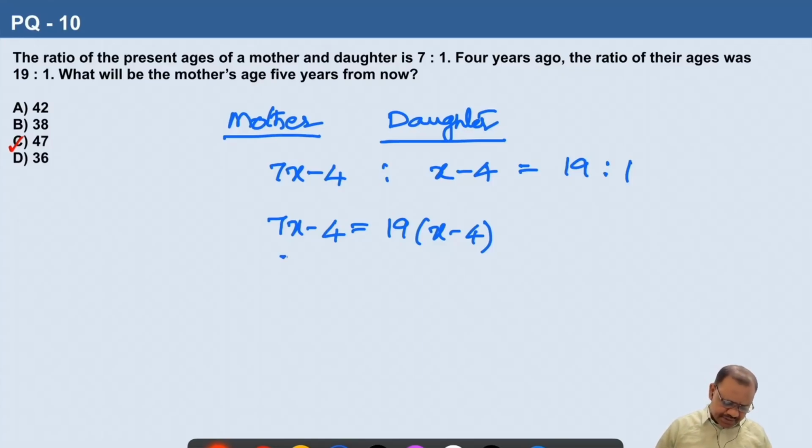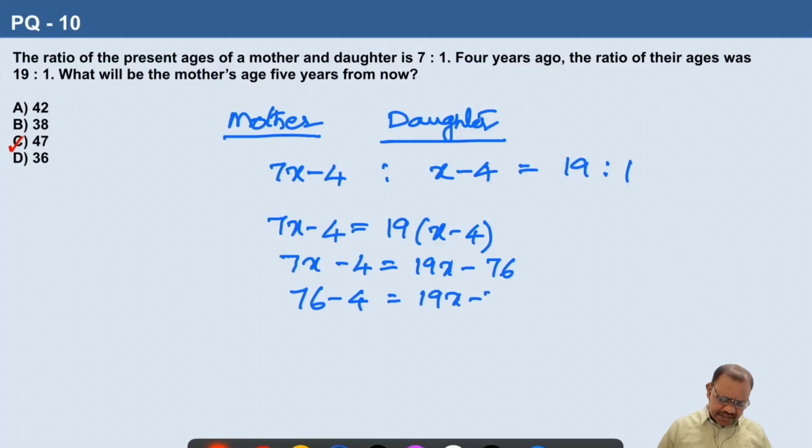Now simplify this. 7x minus 4 is equal to 19x minus 19 fours, 76. Variables on one side, constants to the other side. 76 minus 4, 19x minus 7x. That is 12x is equal to 72, x is equal to 6.